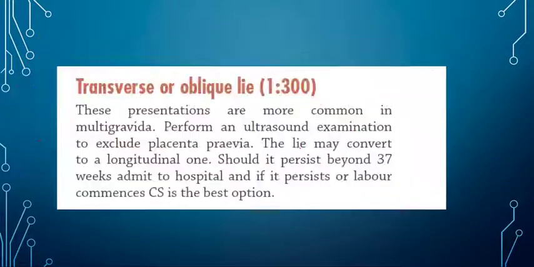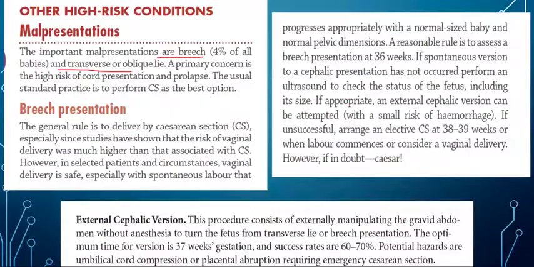Now, sometimes, if this is the uterus, the baby can lie sideways. If sideways like this, that is what we call transverse lie. If the baby's lie is oblique like this, that is oblique lie. Okay, so these are the common malpresentations that we are looking for.